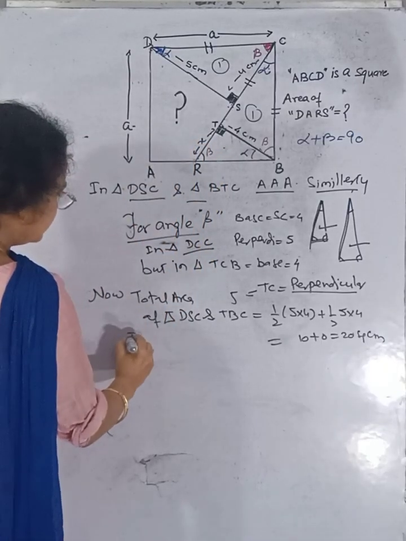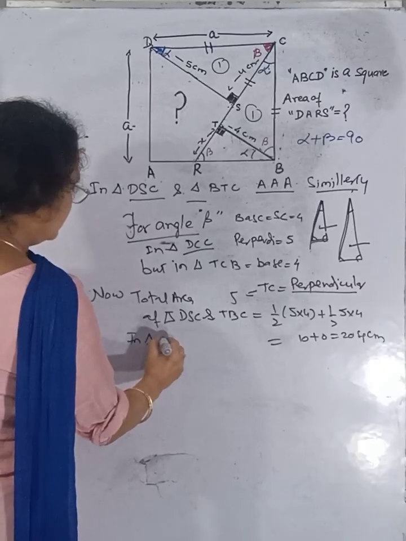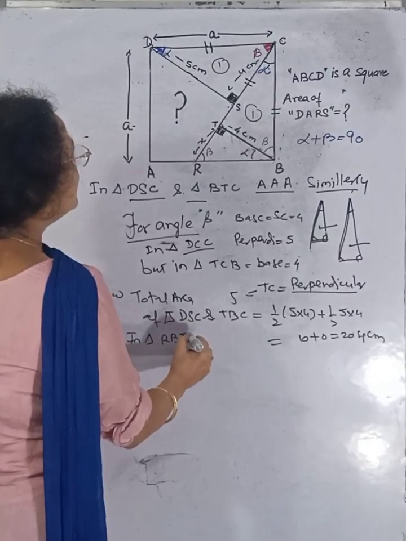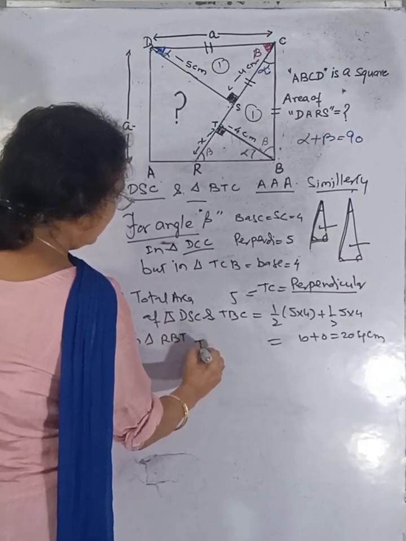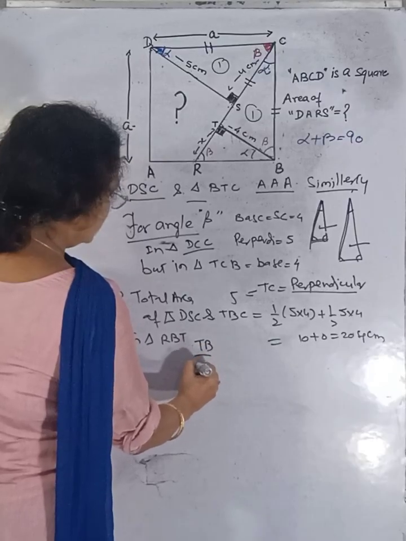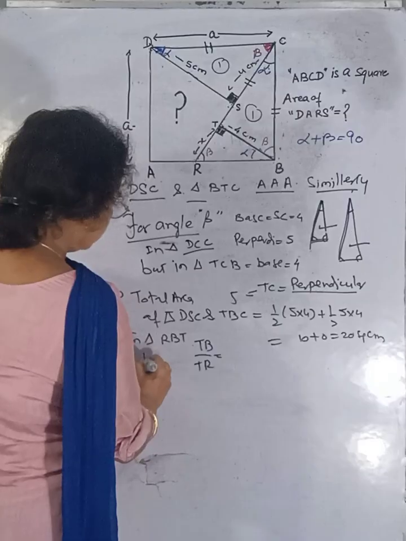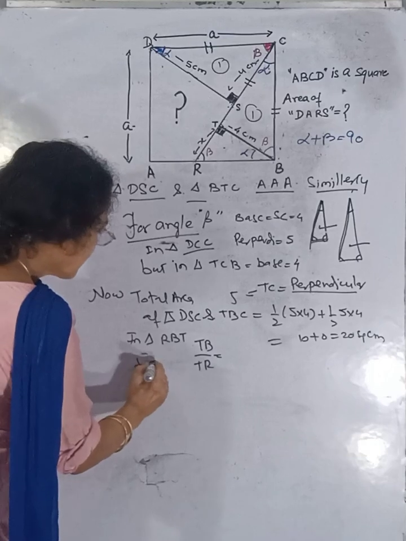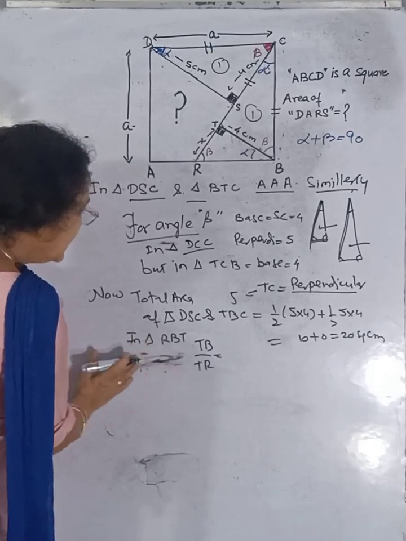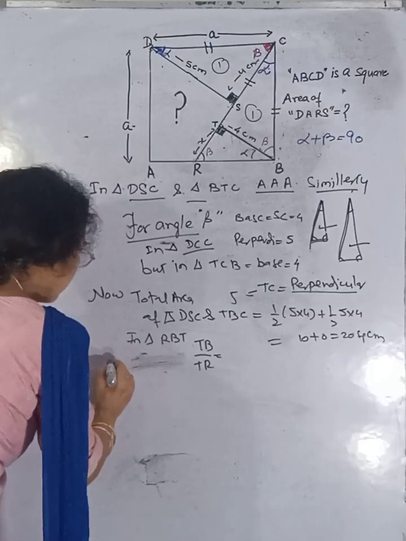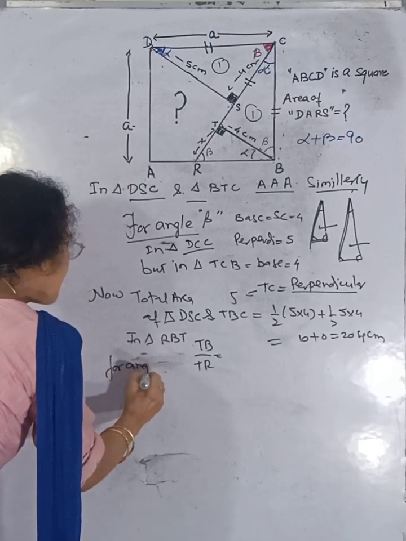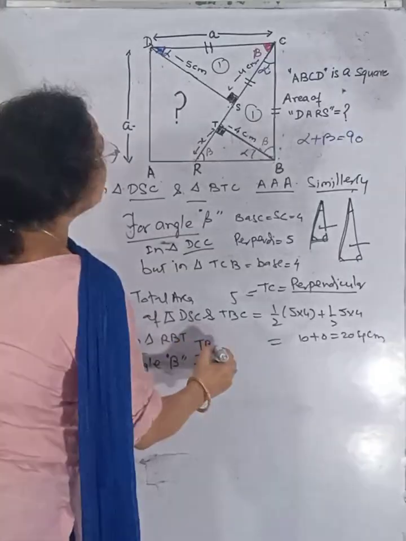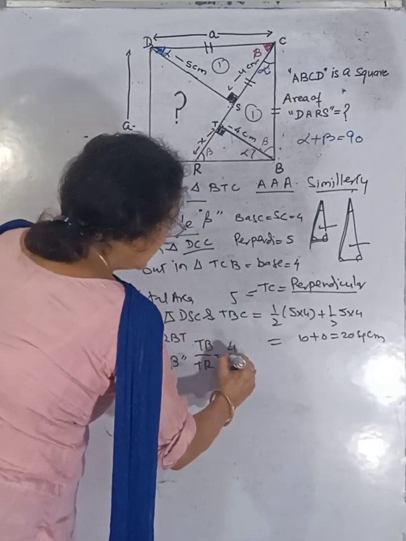In triangle RBT, TB upon TR, TB is the perpendicular, for angle beta, that is 4 upon x.